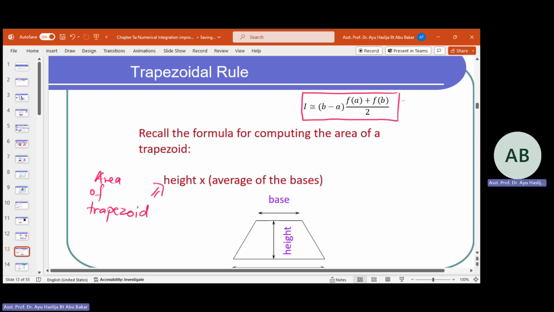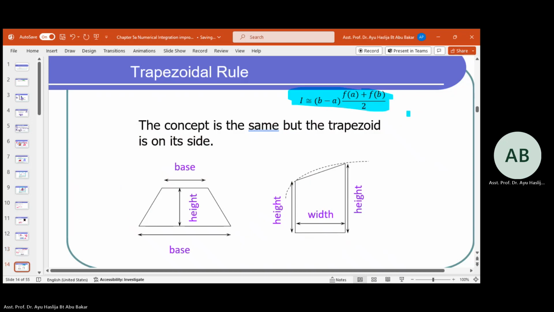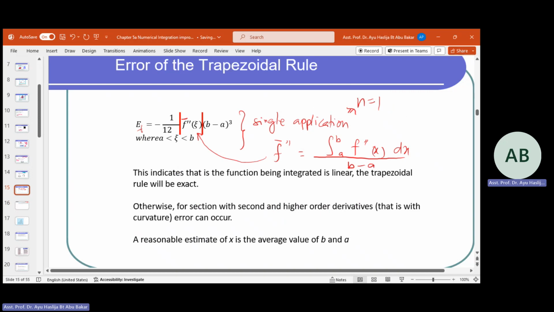This one is if you have only one segment, n equals to 1. This is to calculate the error of the trapezoidal rule for a single application, meaning n equals to 1 only.